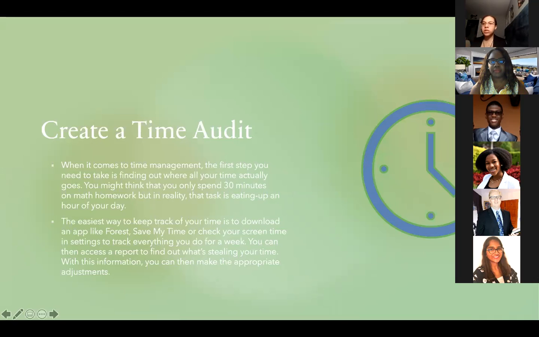It records everything from when you wake up to when you go to sleep, and it just records what you spend your time doing so that you see what's taking up the majority of your time, so you can cut it out of your schedule or minimize it so you can optimize the amount of time that you have for work. Next slide, please.